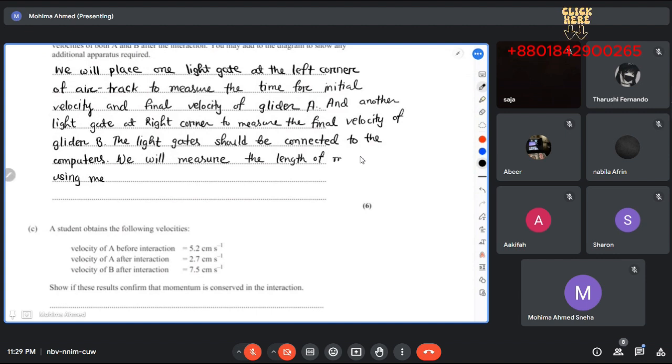Length of magnets using meter ruler. There's no need to use a micrometer screw gauge or vernier caliper. Obviously, those will give you a much more accurate length, but there's no need. You can just use a meter ruler to find out the length of the magnets.